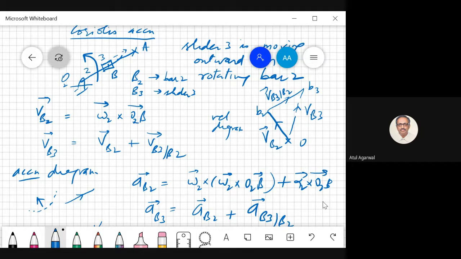So this is a relative trajectory of the slider seen by the observer at B2. The trajectory is a straight line because this bar is straight. Suppose it was a slot, then the slider would have been moving in a slot, so it would have a tangential acceleration and a normal acceleration. Do you agree?